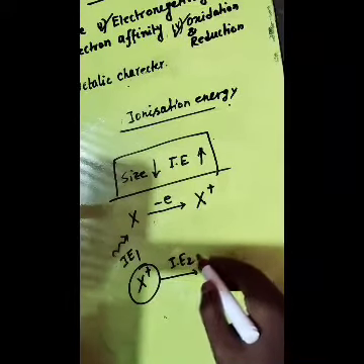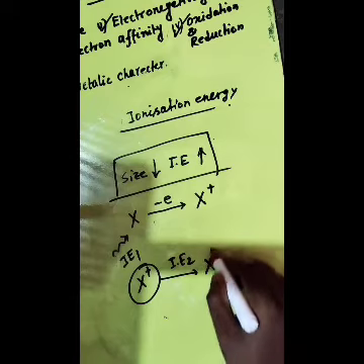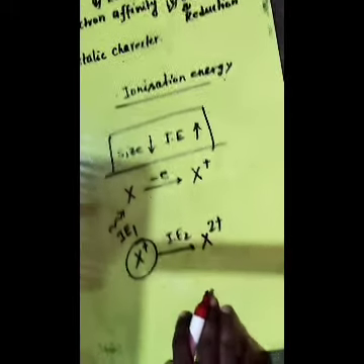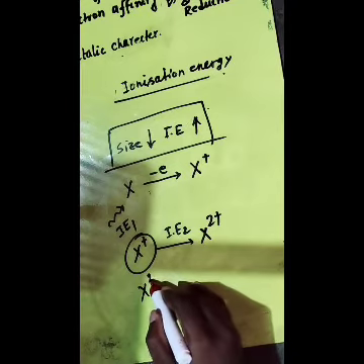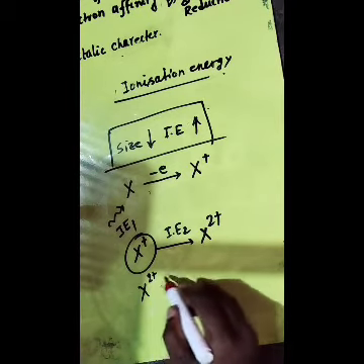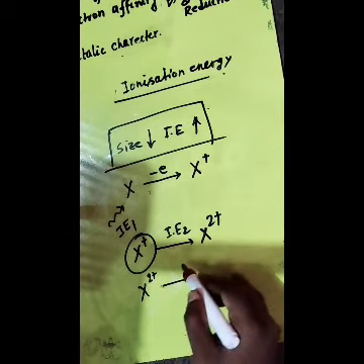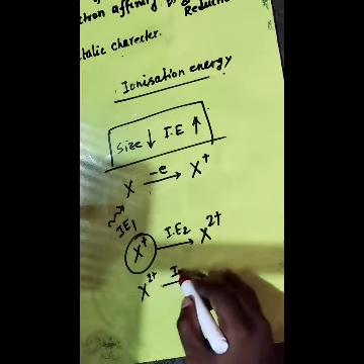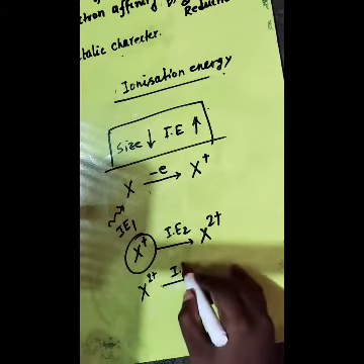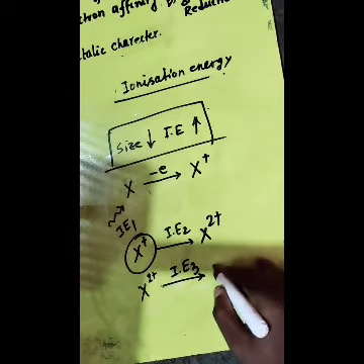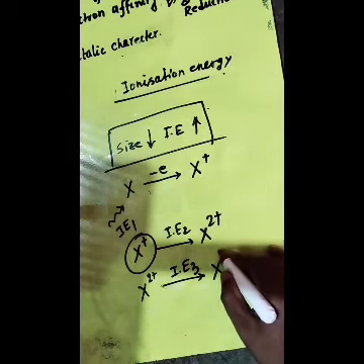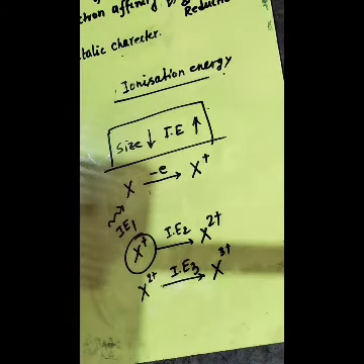After removal of an electron from X plus, it transforms into X2 plus, a divalent cation. Similarly, if you want to remove a third electron from this divalent cation, you have to provide again some amount of energy. This is known as ionization energy 3, the third ionization energy, and it transforms into X3 plus.